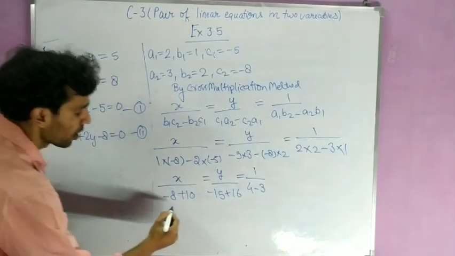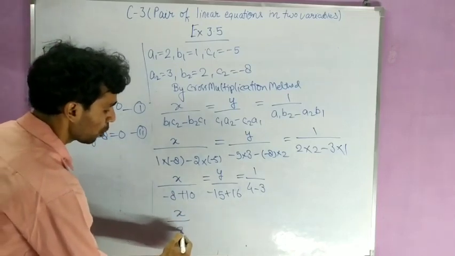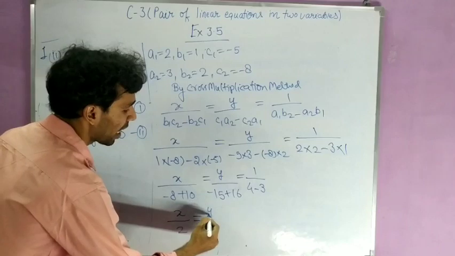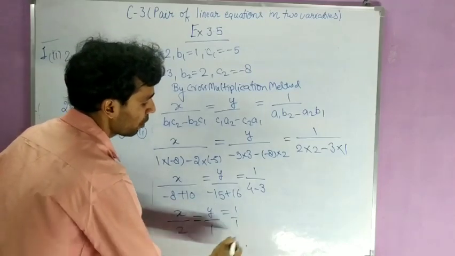Okay, so what we got? x upon minus 8 plus 10 is equal to 2, is equal to y upon minus 15 plus 16, that is 1, and it is 1 upon 1.